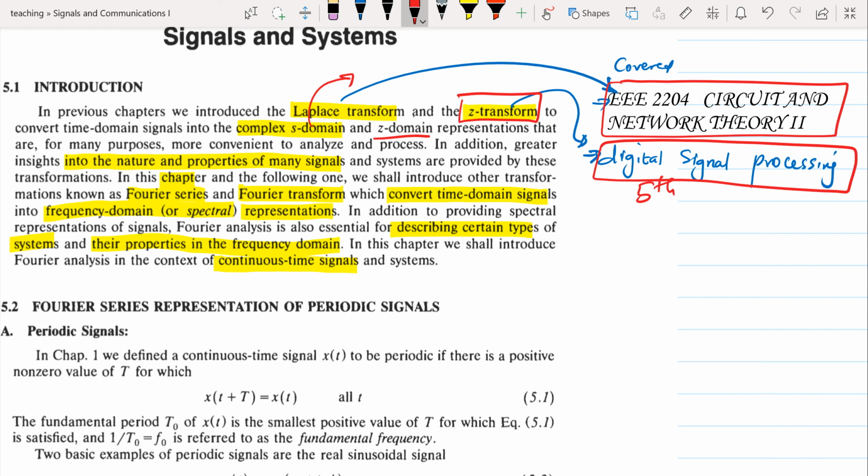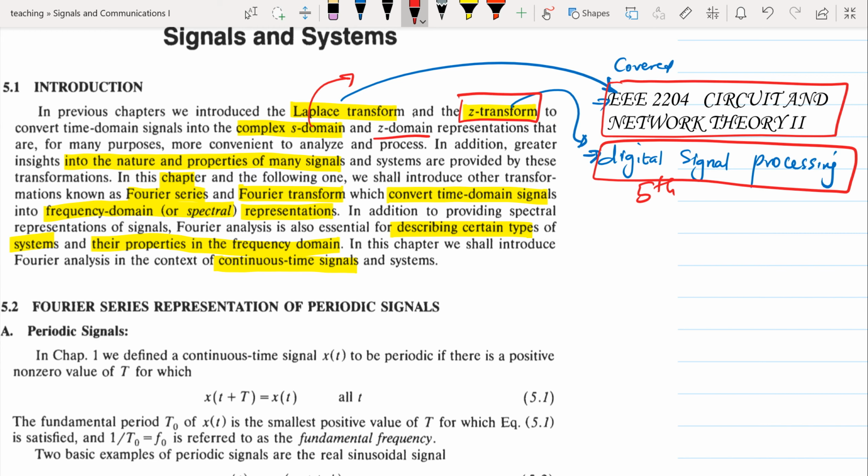For this chapter, we shall introduce the Fourier transforms and the Fourier series, which convert time domain signals into frequency domain representations, also called spectral representations. In addition to providing spectral representation of signals, Fourier analysis is essential for describing certain types of systems and their properties in the frequency domain.